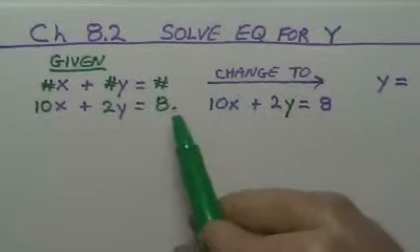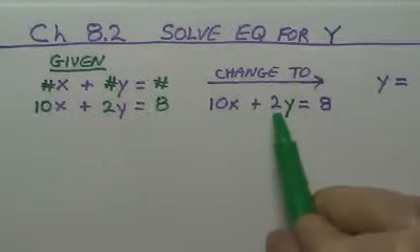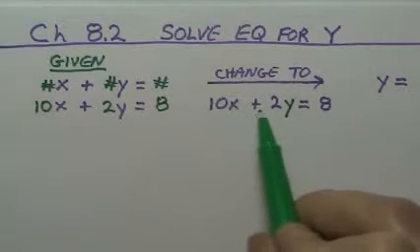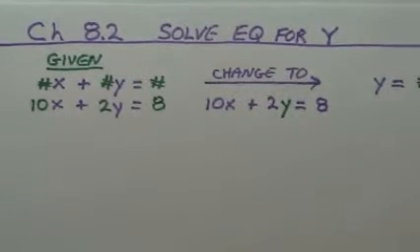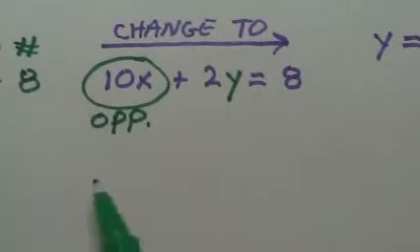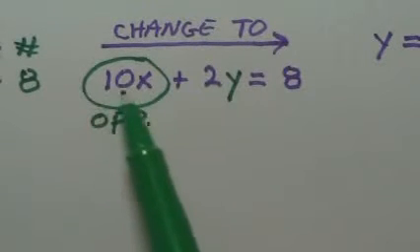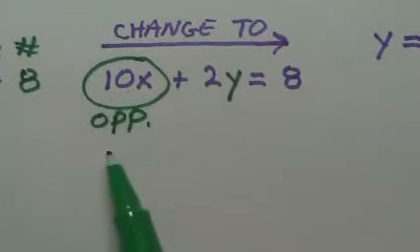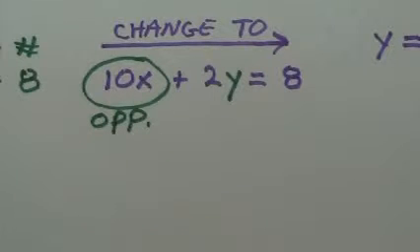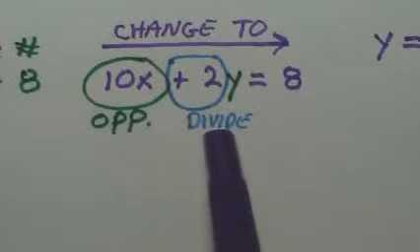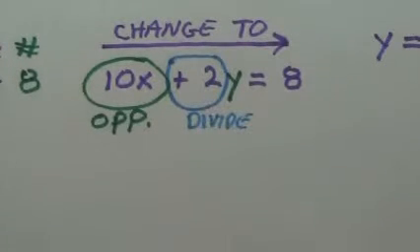To get y by itself, I'm just going to write this over again: 10x plus 2y equals 8. The first thing I'm going to do is take the opposite of this number right here, the opposite of 10x. That's our first step. My second step is to divide to get rid of the coefficient.